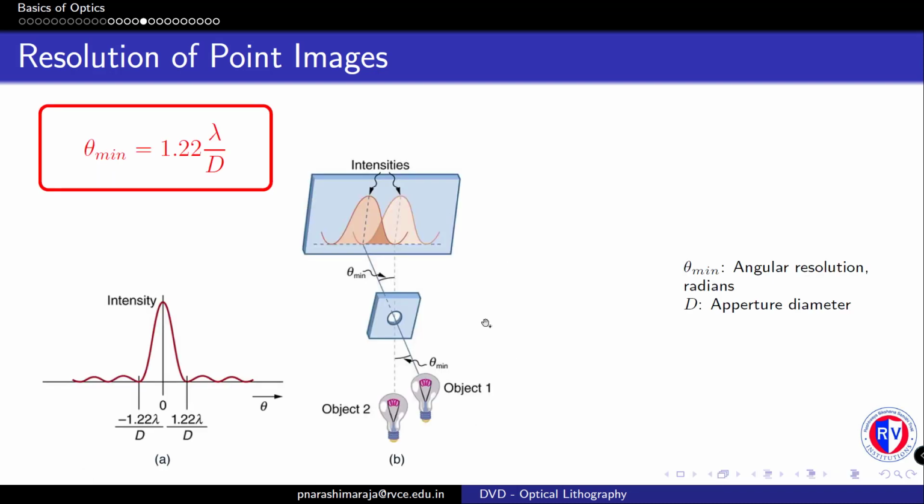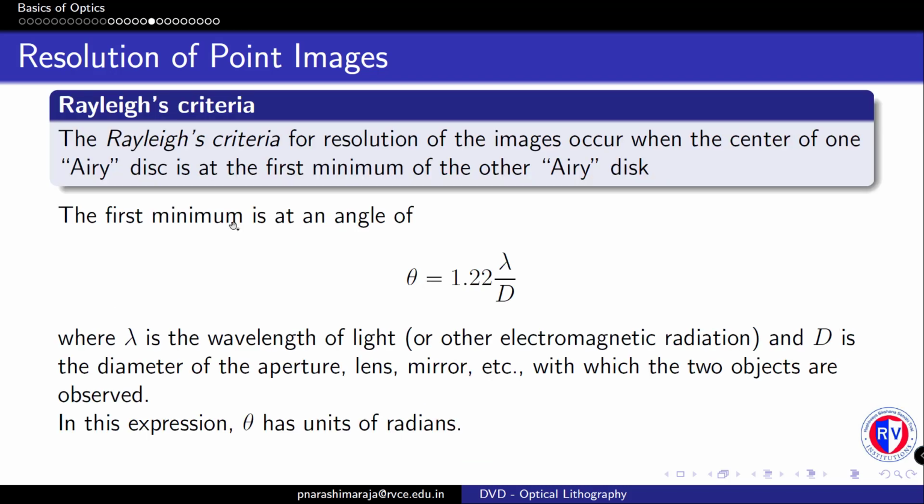It can be shown that for a circular aperture of diameter d, the first minimum of this intensity pattern occurs at a value of theta equal to 1.22 times the wavelength of the light source divided by the diameter of your circular slit. The accepted criterion for determining the diffraction limit to resolution based on this angle was proposed by Lord Rayleigh in the 19th century.